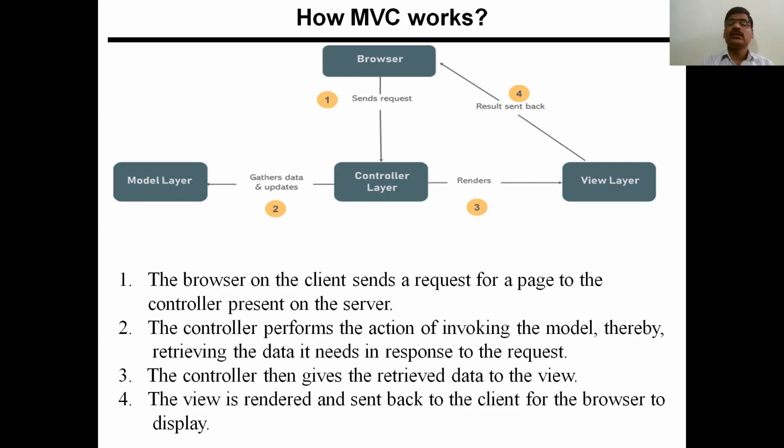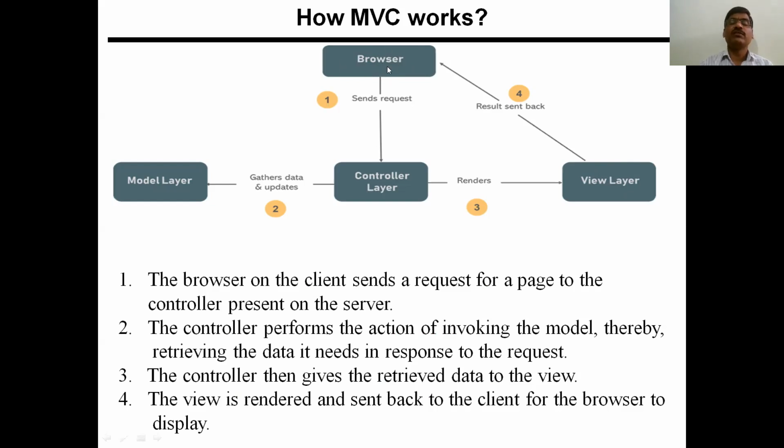Now, how will the user give a request and get the response? Generally, to send the request, the user will use a web browser, such as Internet Explorer, Mozilla Firefox or Google Chrome.